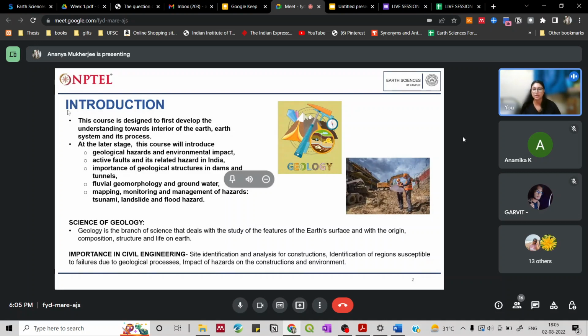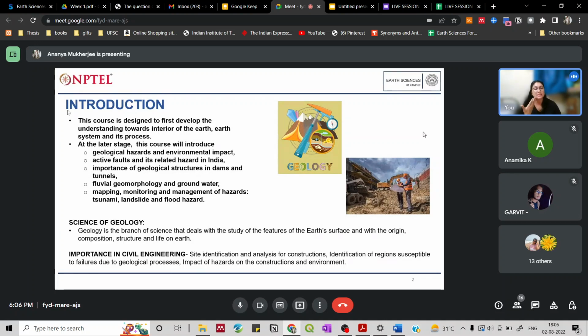We will also try to understand the importance of these geological structures in the building of dams and tunnels, and later learn how river geomorphology and groundwater are monitored and how they impact the analysis for civil engineering, and the mapping, monitoring and management of hazards like tsunami, landslide and floods.